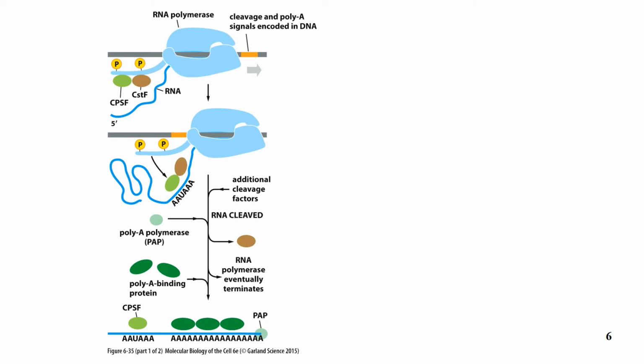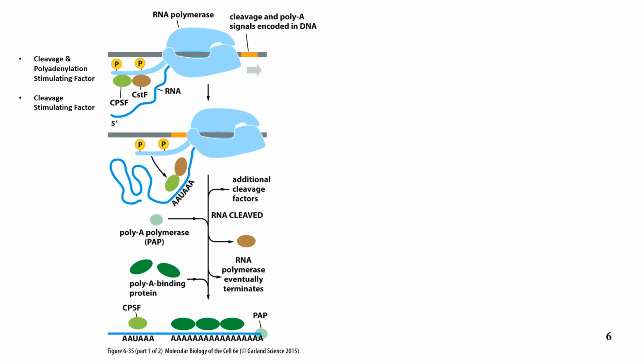On the tail, if you will, of the RNA polymerase, you can see two enzymes indicated by green and brown ovals. Those enzymes are cleavage and polyadenylation stimulating factor and cleavage stimulating factor.